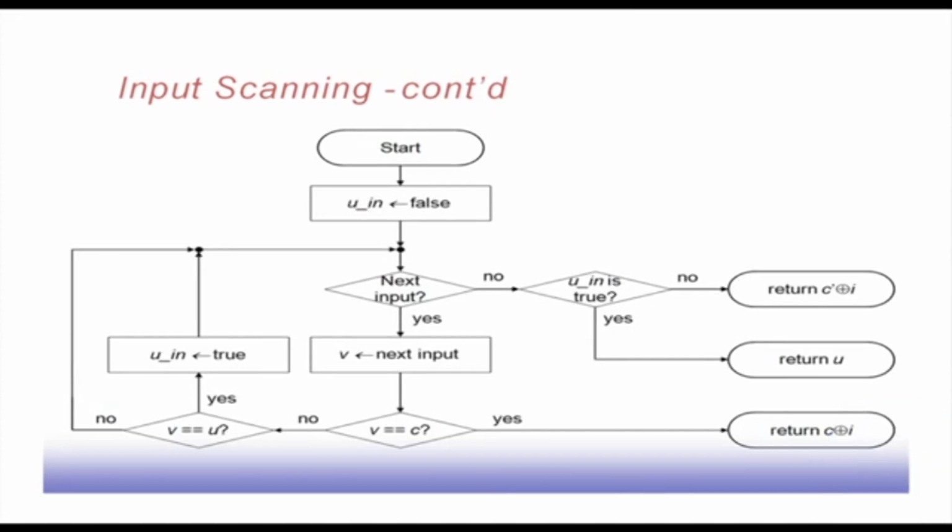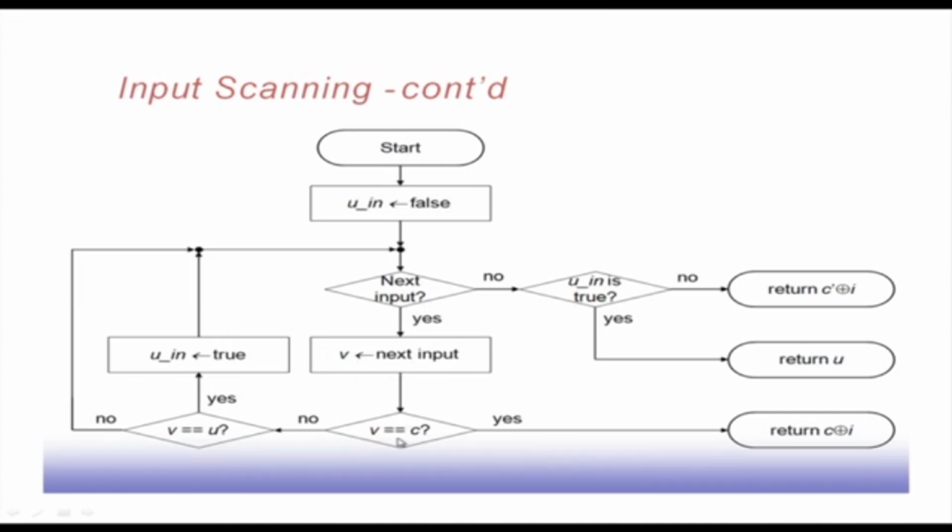The algorithm for evaluation in the input scanning method is like this. First, the u input flag is made equal to false, that is, we have not seen any input which is equal to u. Then we take the next input. If the next input exists, suppose it is equal to v.